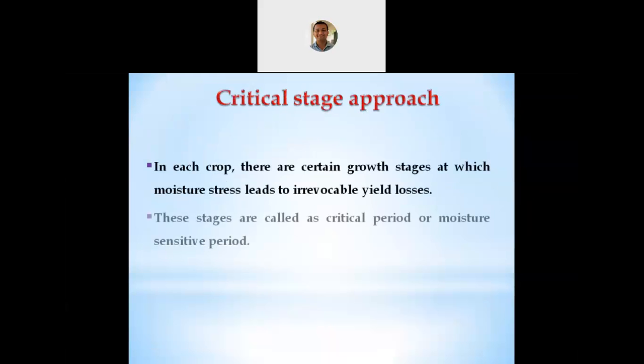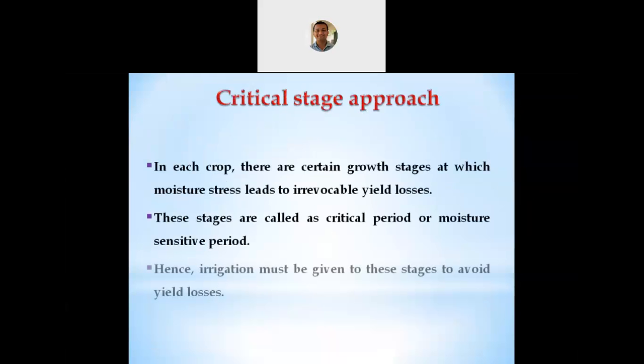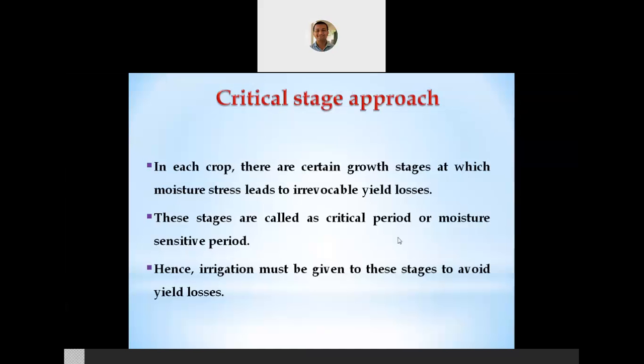Now, the critical stage approach is a very common method used by farmers and also some researchers. Here, for each crop, critical periods have been standardized at which it is crucial to apply irrigation, or the plant is sensitive to water stress. And if water is not applied at these particular stages, the plants may suffer huge yield loss.